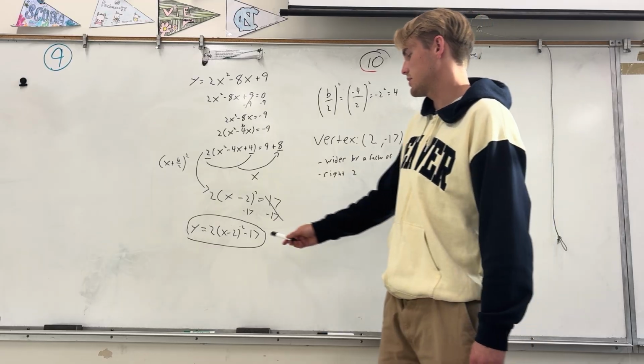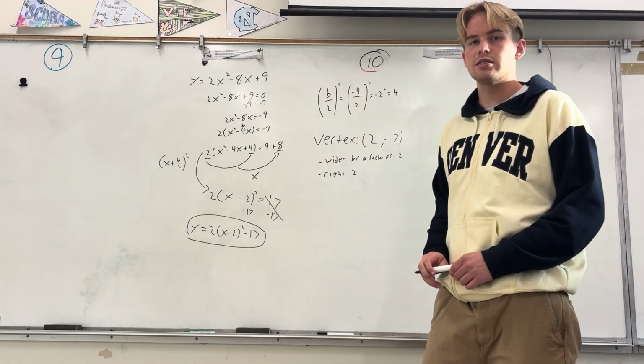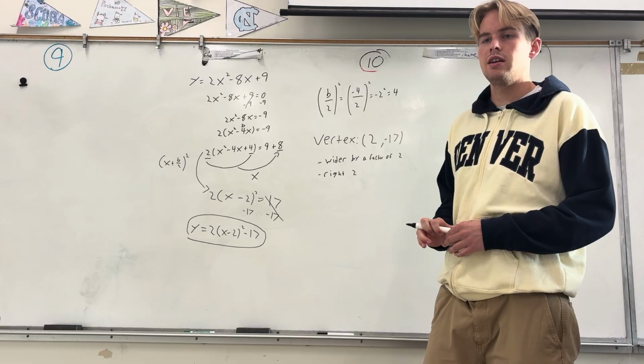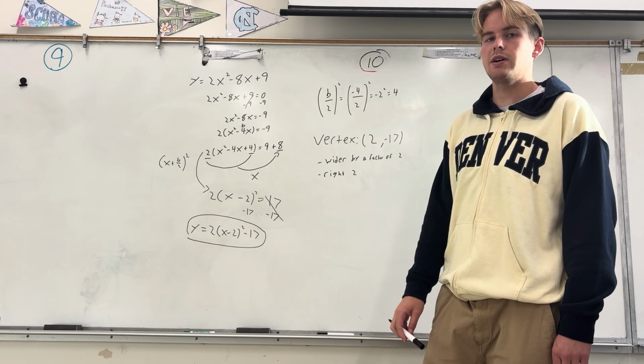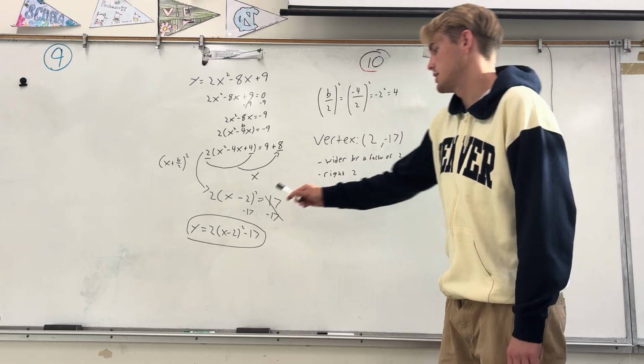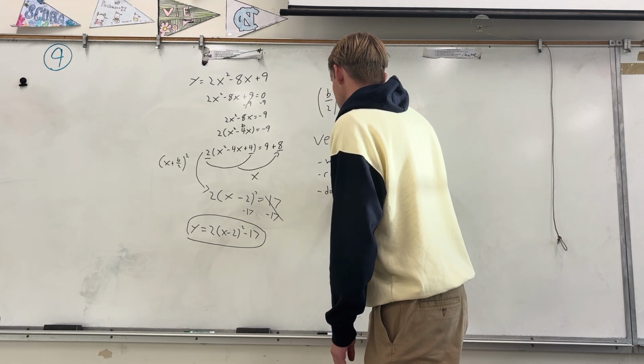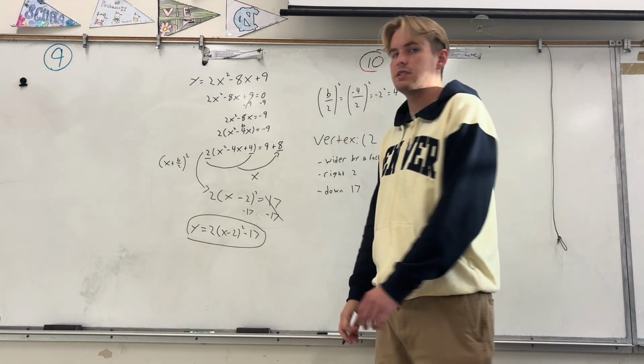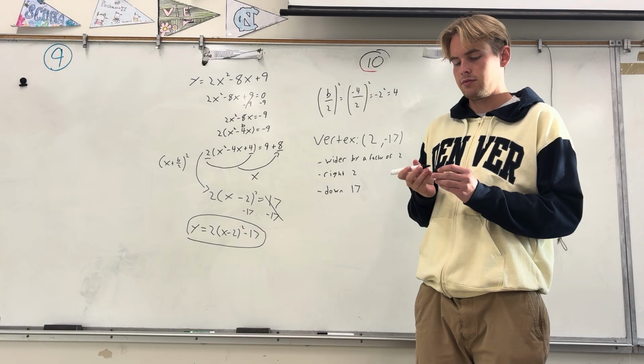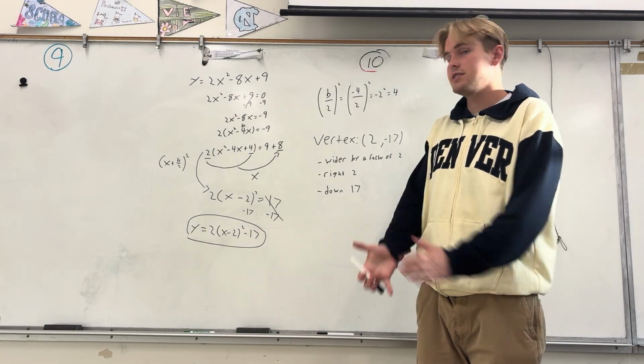Lastly, we have a -17 out on the end. This number tells us how much we're going up or down by. If it's negative, we're going down by that number. If it's positive, we're going up by that number. It's a -17. So that tells us we're going down 17. And that's it for this video, guys.